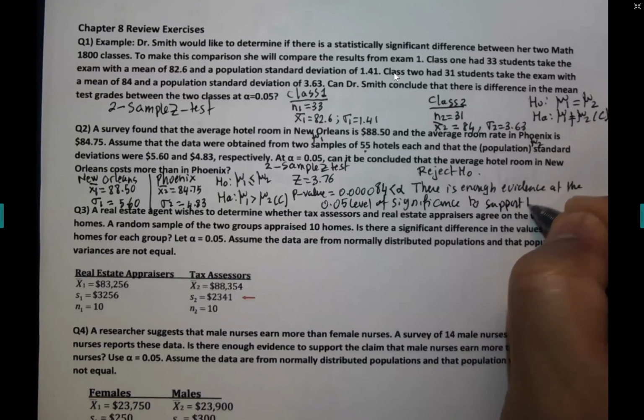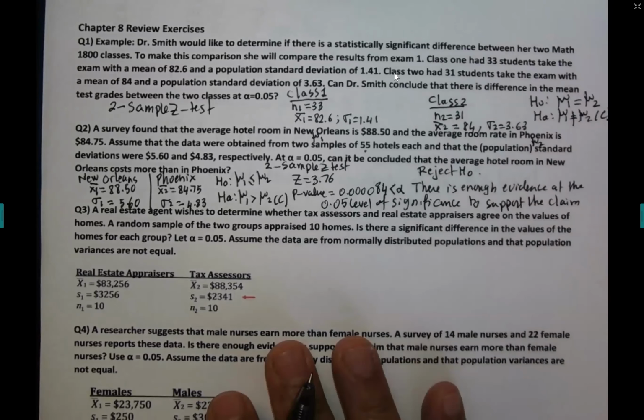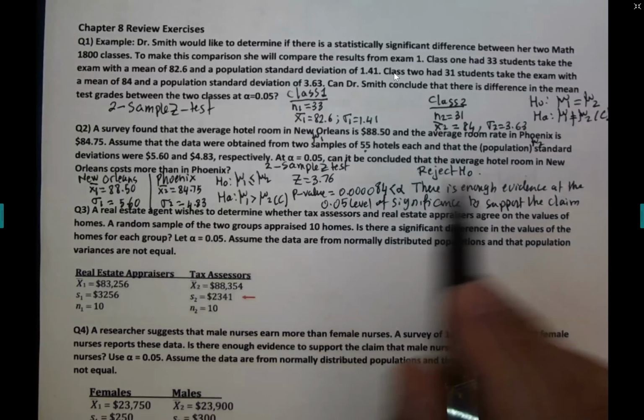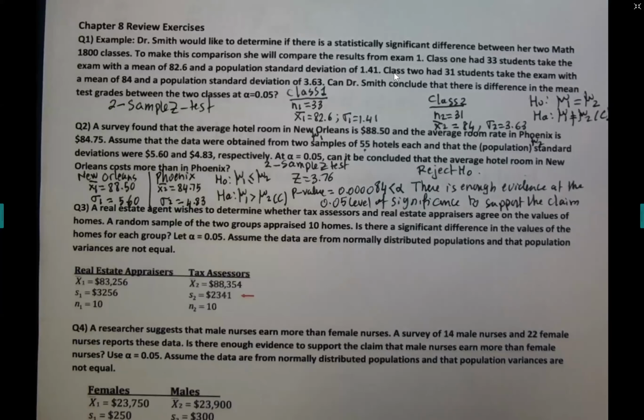And if you're doing your work online, it might ask you to select what the claim is. The claim is that the average hotel room in New Orleans costs more than that of Phoenix. Any questions?